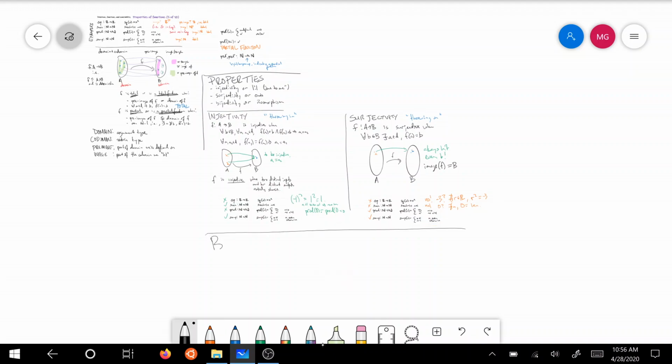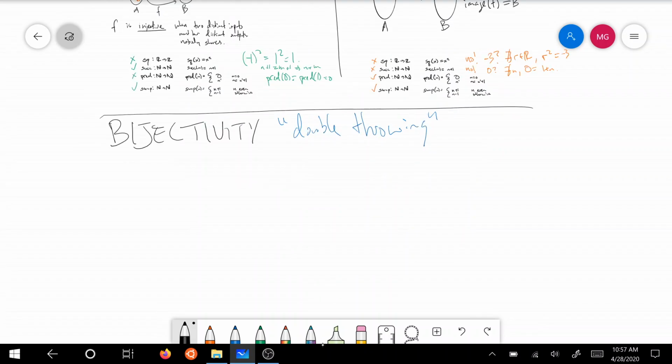Okay, so bijectivity. Double throwing in, this is at this point pigeon Latin. This is the combination Pizza Hut Taco Bell of properties.